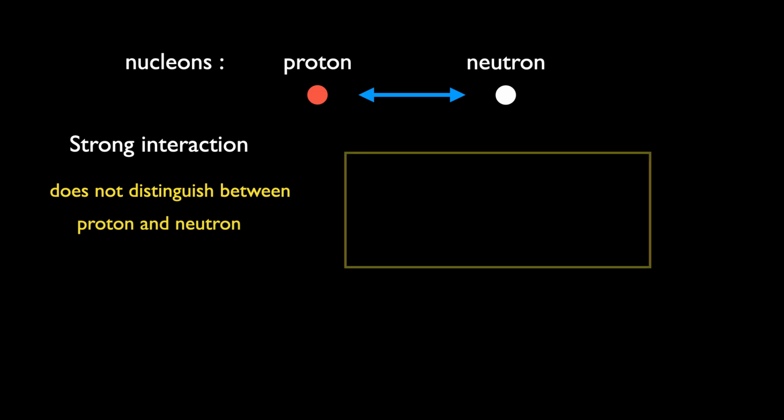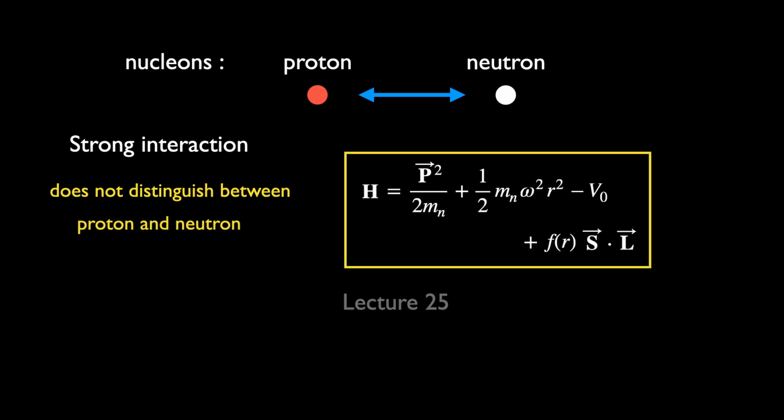Recall the nuclear shell model based on the nucleon Hamiltonian introduced in lecture 25. This Hamiltonian makes no distinction between protons and neutrons within the nucleus and is a fairly successful model in explaining the structure of the nucleus. This strengthens the hypothesis that the strong interaction makes no distinction between the two particles.